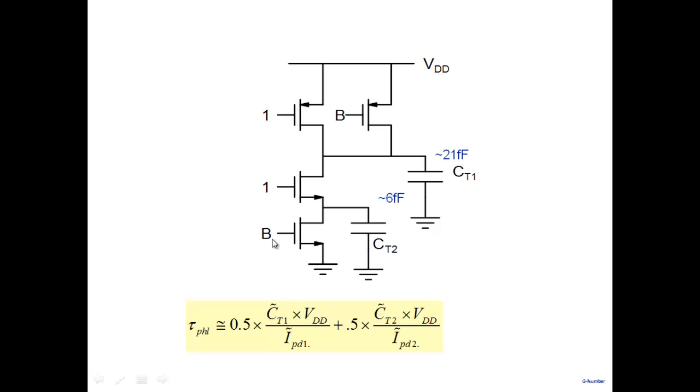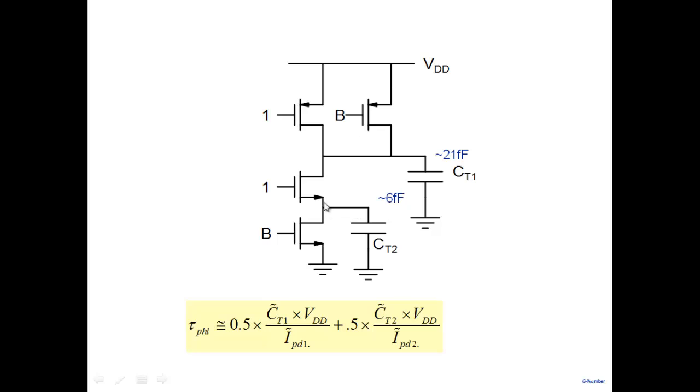Now note that when B is 0, so output is high, so this is charged to VDD, and this transistor is on, so this node is also connected to VDD through this transistor here.